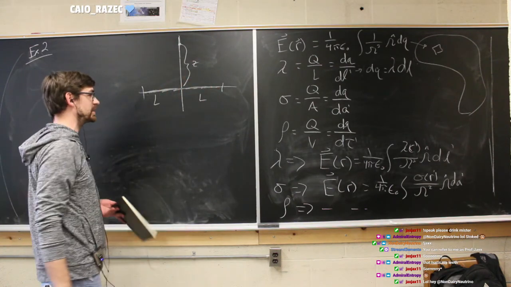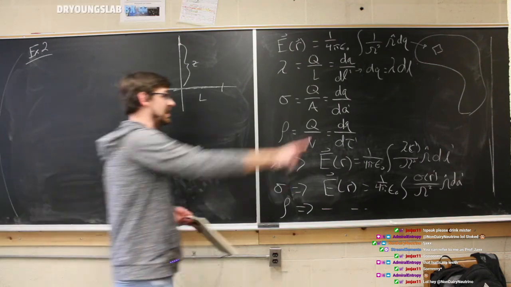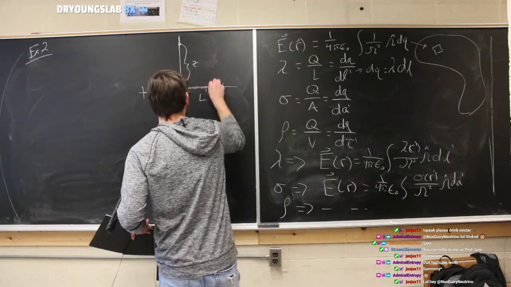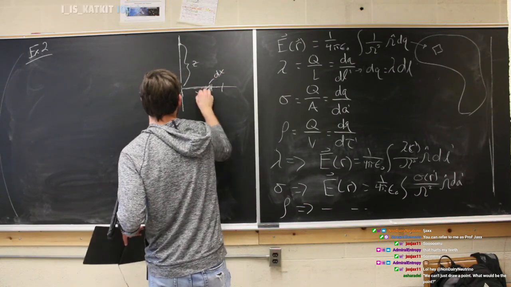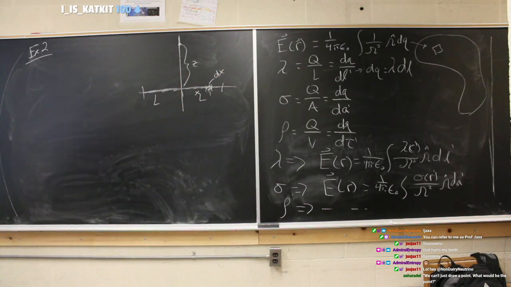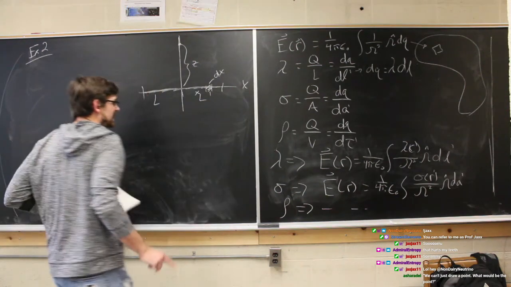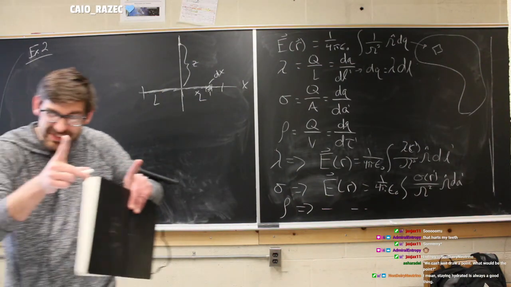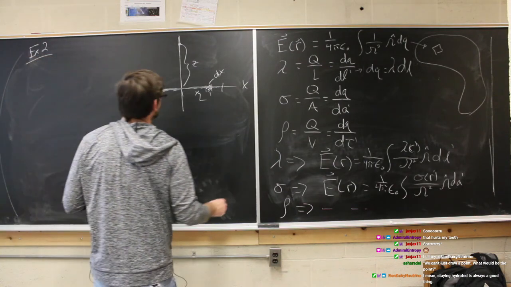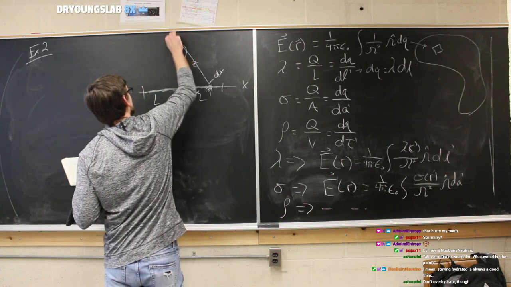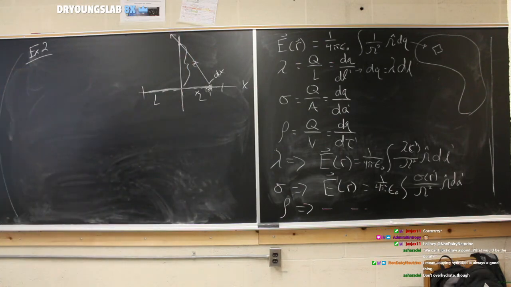So instead what we're going to do is pick an arbitrary spot on the line charge density and call it dx, where this distance here from the origin is x. So this point on the x-axis is x, and we're going to take the infinitesimal small part around it, and then we're going to treat that infinitesimal small part like, you guessed it, a point charge. Because we know how to handle point charges, right?